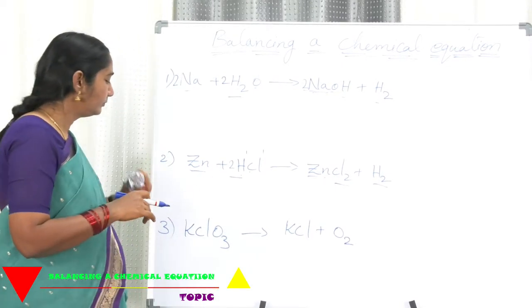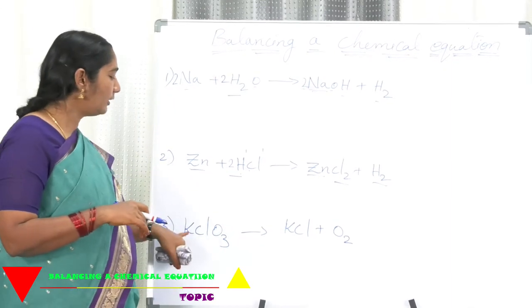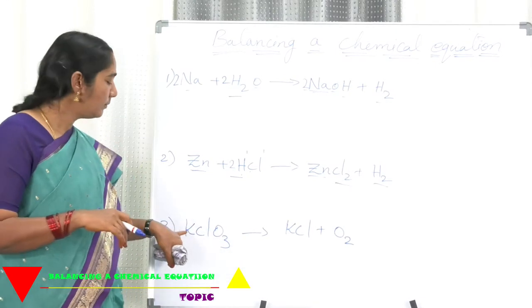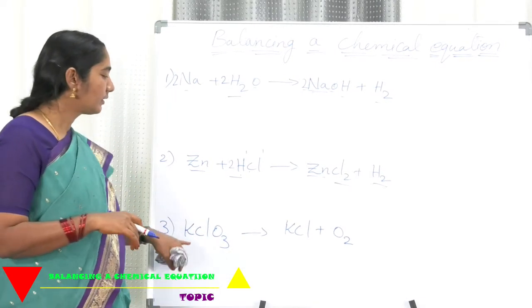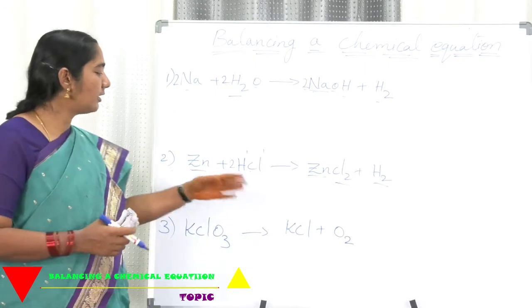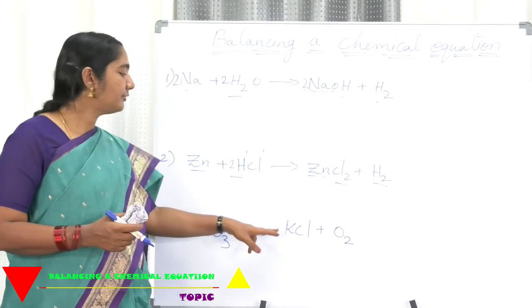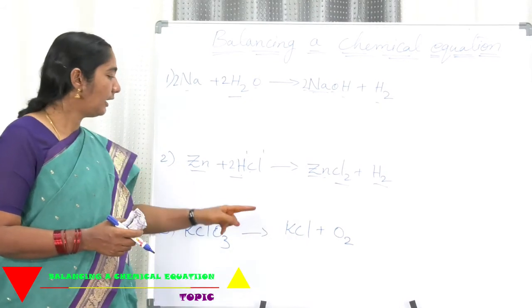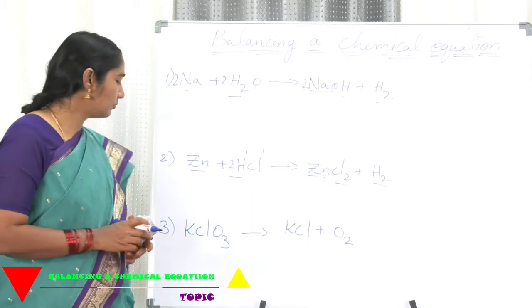Now, potassium chlorate, KClO3, is a reactant and the product is potassium chloride plus oxygen, O2.